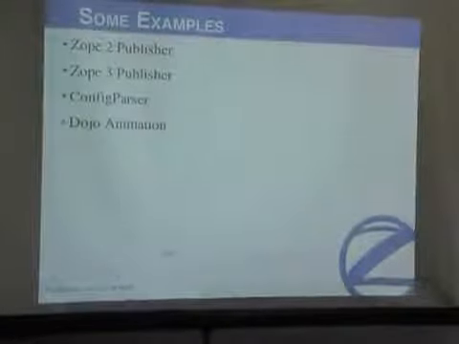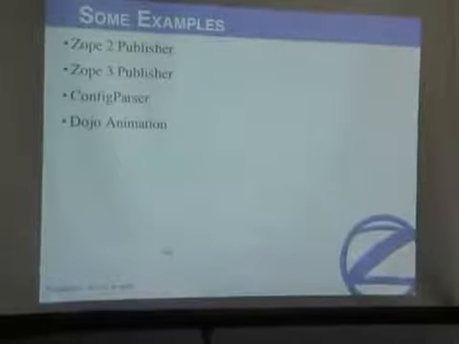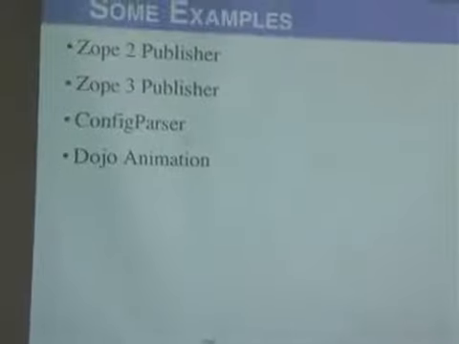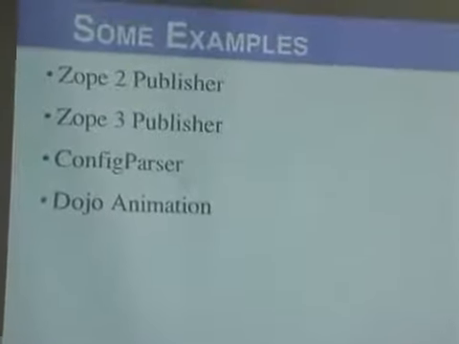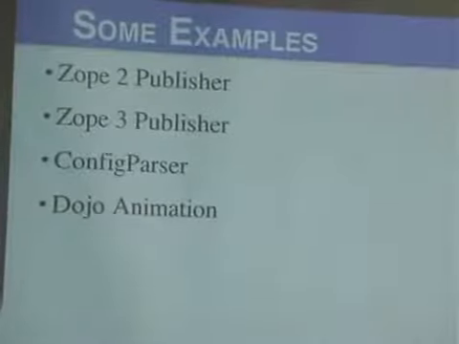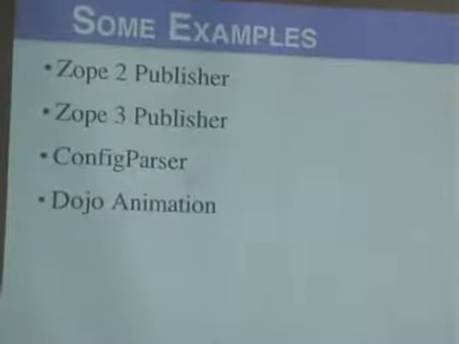So I just wanted to walk through some examples of that. We're going to look briefly at the Zope 2 publisher, the Zope 3 publisher, the config parser from the Python standard library, and to be a little bit different, an example from a JavaScript library.